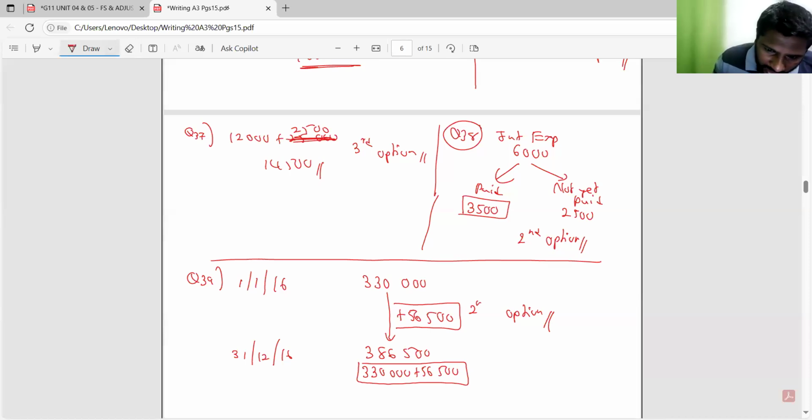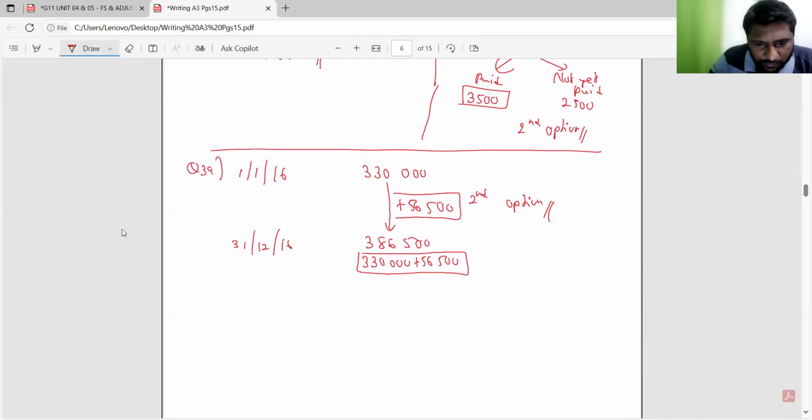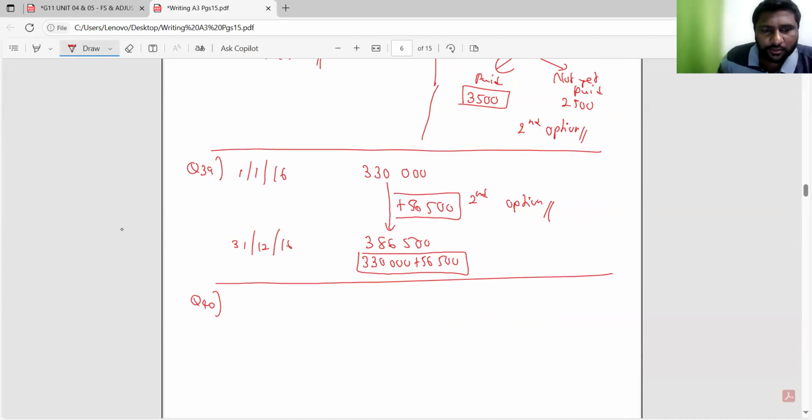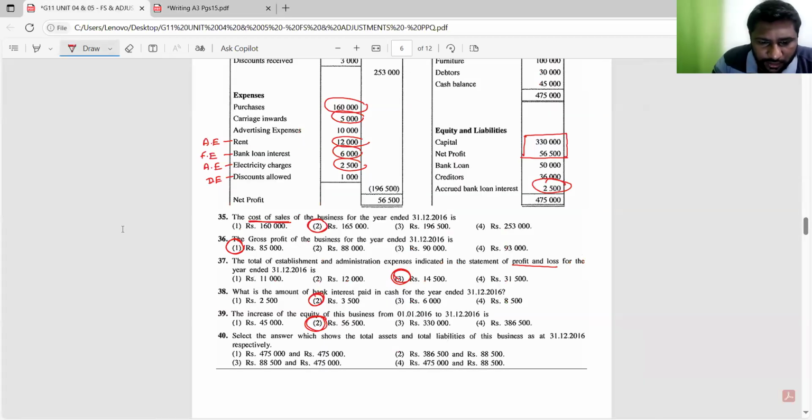Do the last. Question 40. Select the answer which shows the total assets and total liabilities of the business.